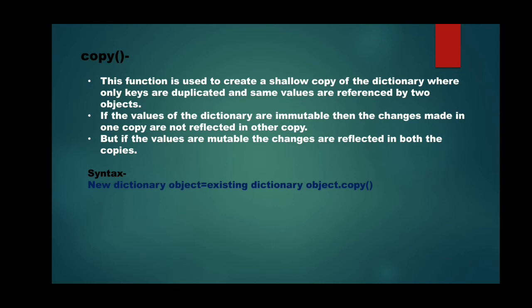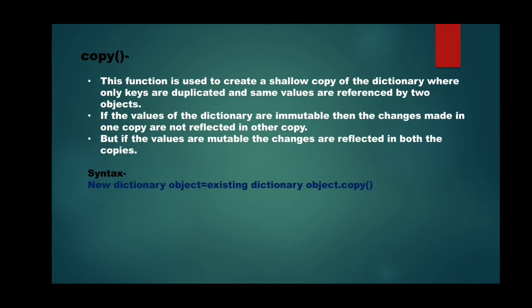Now here you have to remember one thing: if the dictionary whose shallow copy is being created contains immutable values, then the changes that we make in one copy are not reflected in the other copy. But if the values are mutable, then the changes made in one copy will be reflected in the other copy.